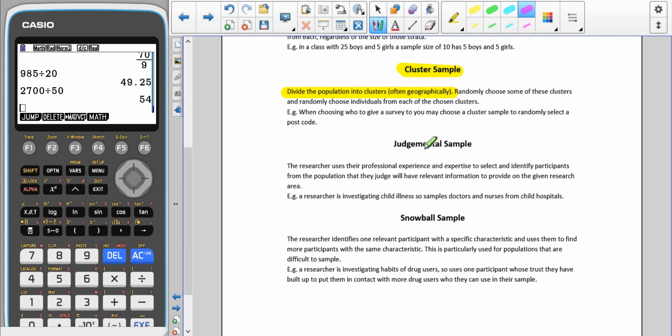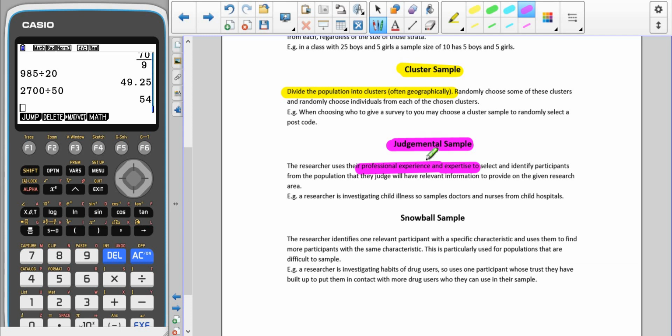Then we're looking at a judgmental sample. A judgmental sample is where the researcher uses their own professional experience and expertise to select and identify participants from the population, so that they can be part of their area.